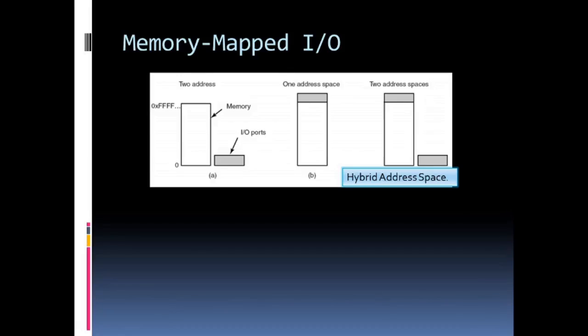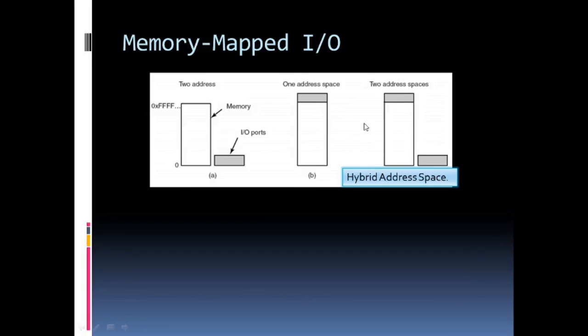Whereas in the second case, only one memory unit is utilized, a part of which is used as main memory, whereas some dedicated part of it is used as the addresses of the corresponding I/O field.